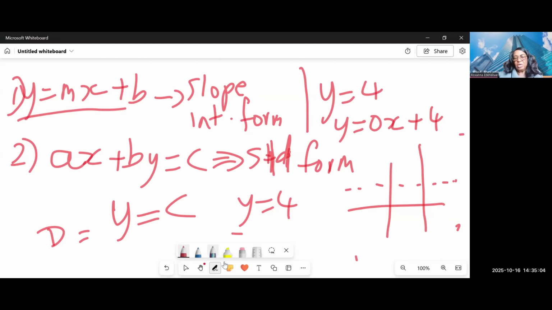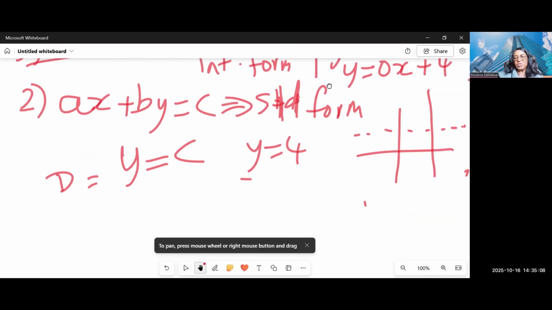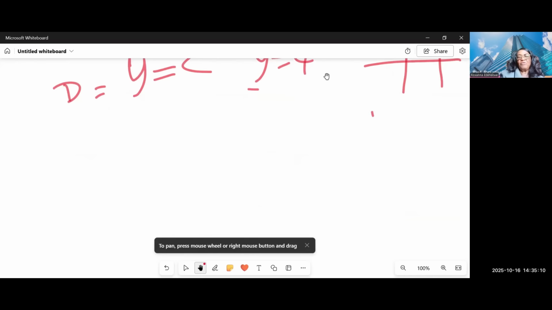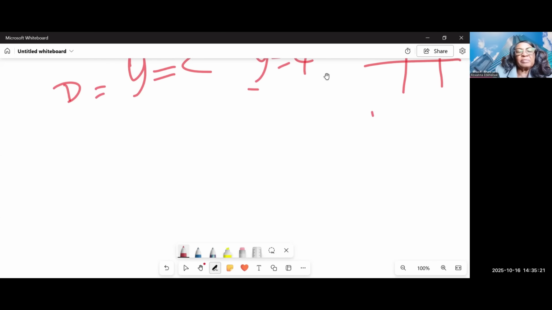Then we're going to talk about another form of equation of a line. Another form is the point slope formula.